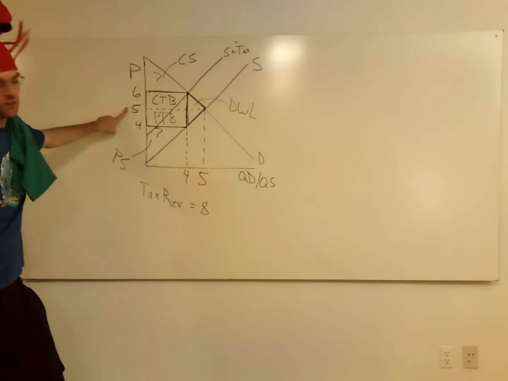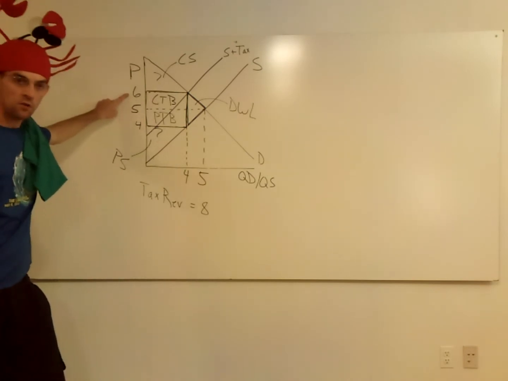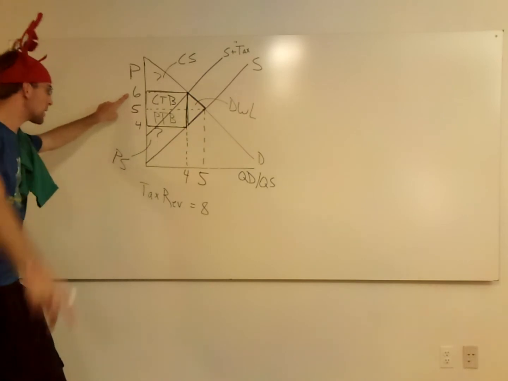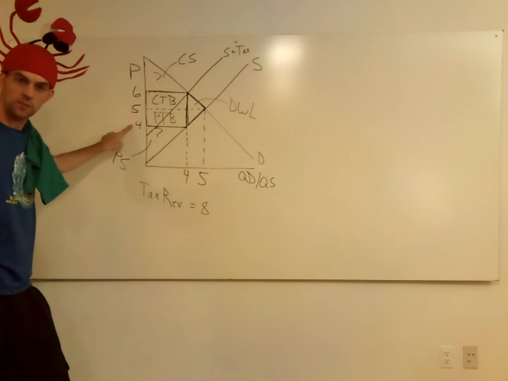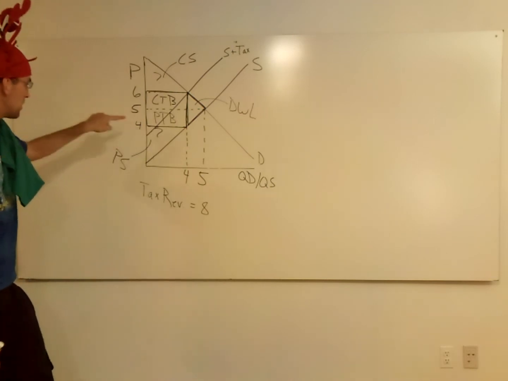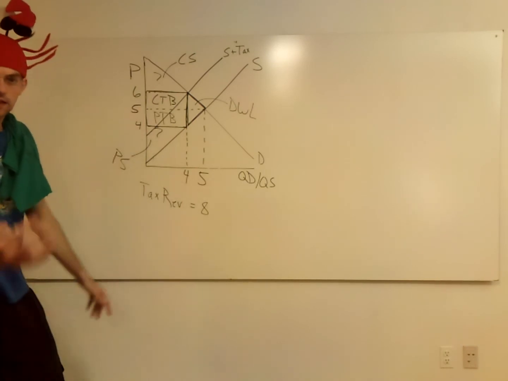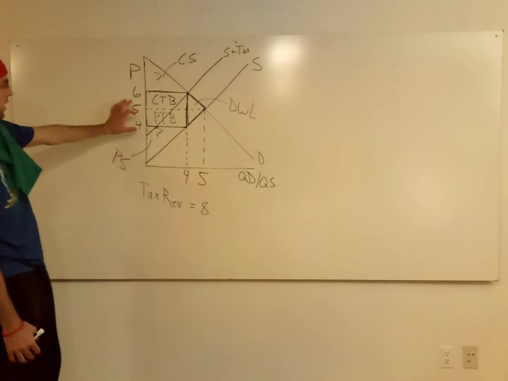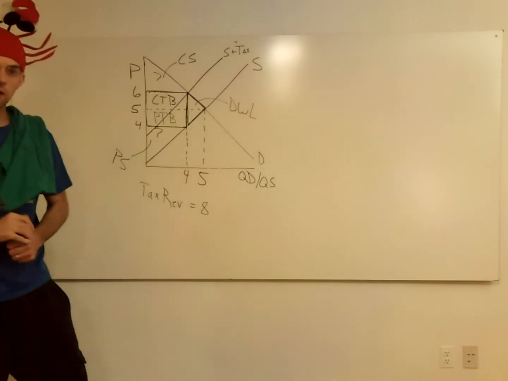And then ask yourself, does the seller get to keep all 6 of that? No. He has to give up $2, so that's 4 here. How much did he used to get before the tax? 5. So now he only gets to keep 4. He ended up paying $1. So that helps you see your consumer tax burden and your producer tax burden. Hopefully this jogs your memory a little bit.